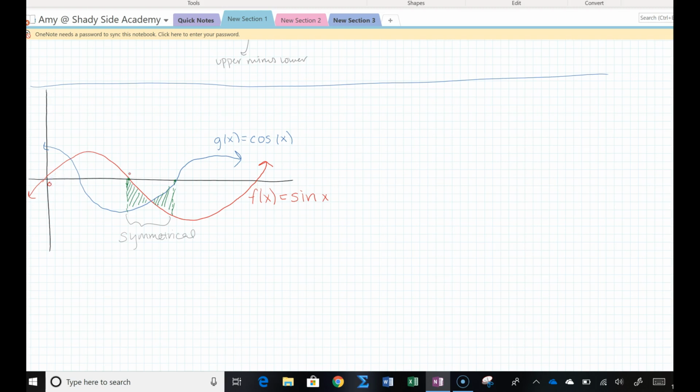Pi over 2? No, it intersects at pi. It's pi. I was not talking about the intersection. One is pi and one is 3 pi over 2. For sine, it's 0, pi, 2 pi, right? Pi over 4, pi over 2, pi over 3.